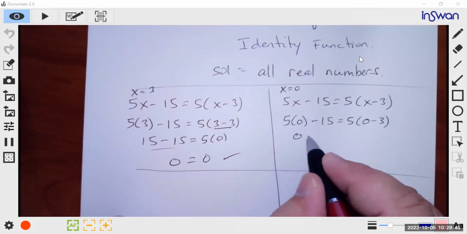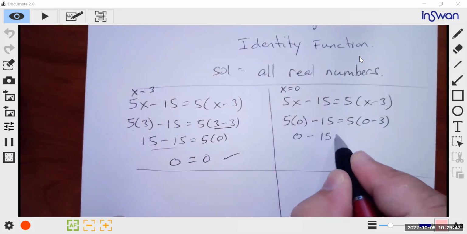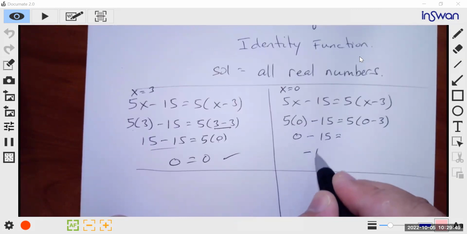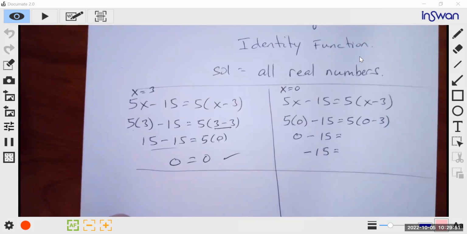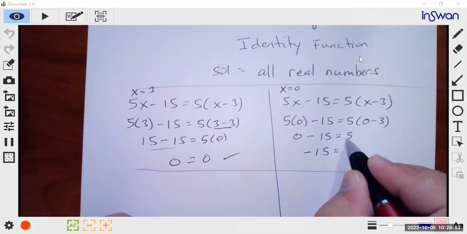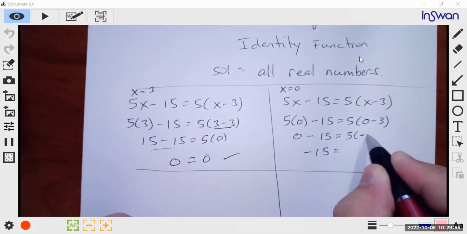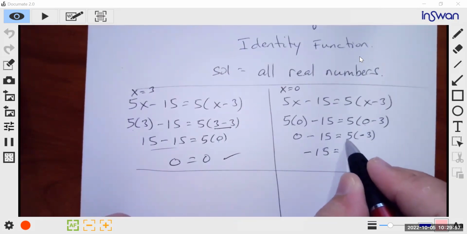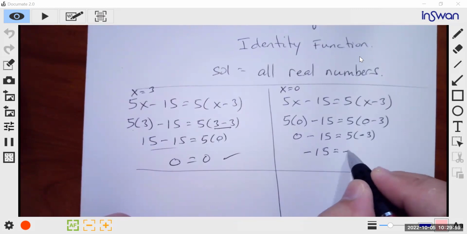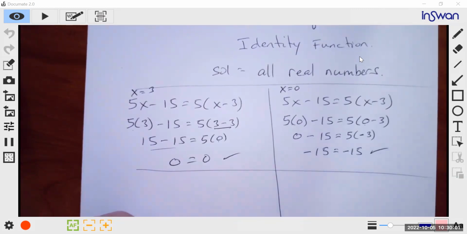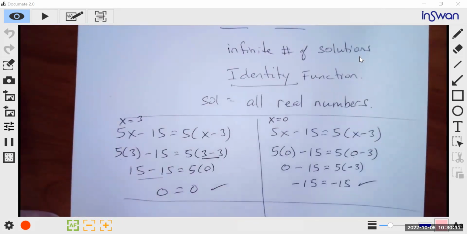Five times 0 is 0. 0 minus 15 is negative 15. 0 minus 3 is negative 3. 5 times negative 3 is negative 15. That's true. So any number you put in there, positive, negatives, or 0, it'll always give you equal answers. So that's why it's an identity. No matter what you give me, it's always going to work.